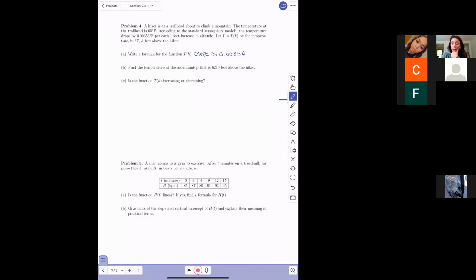Now, it doesn't seem like we're given any other information. The only other information is the temperature at the trailhead is 65 degrees Fahrenheit.